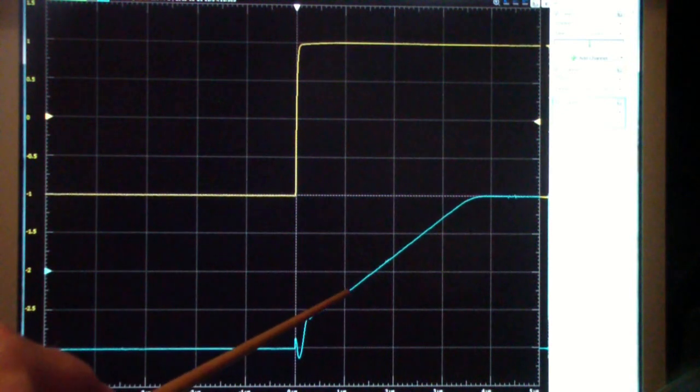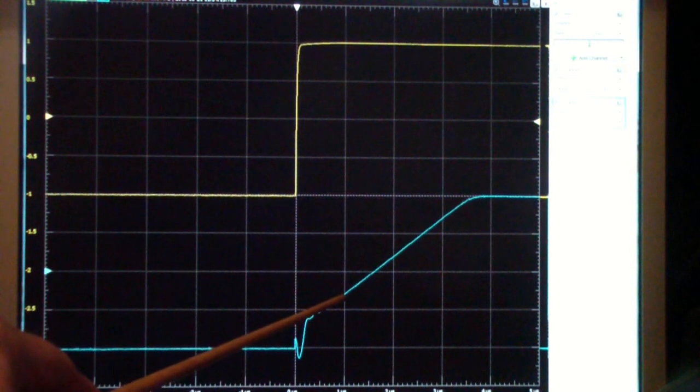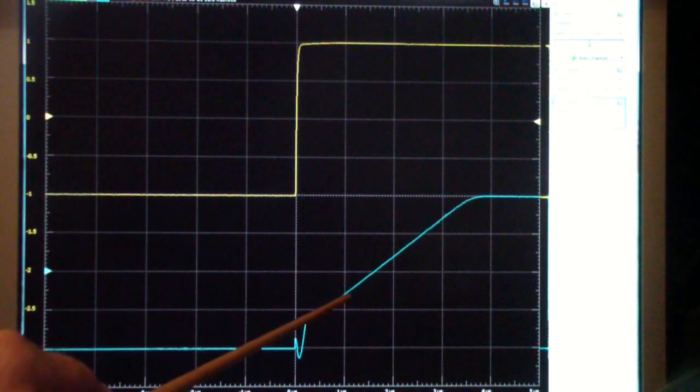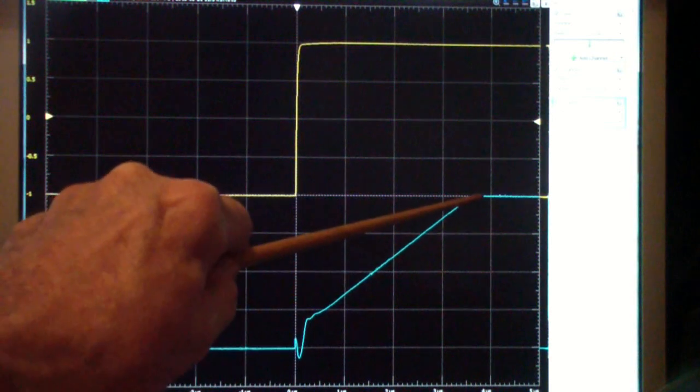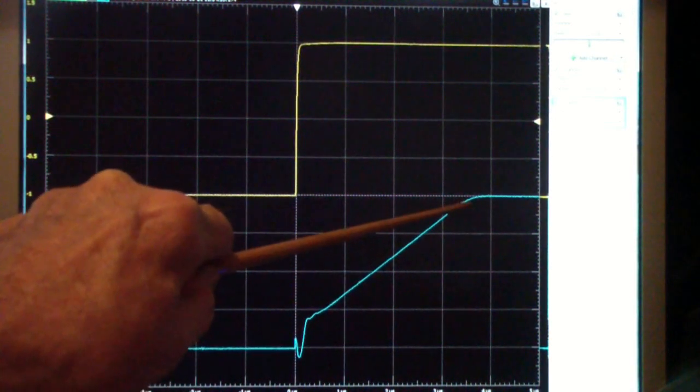So let's look at the change from this point, which is about minus 2.3 volts. Well, actually, let's look at it a different way. Let's say, how long does it take to get from the 3 volts negative to the 1 volt negative?